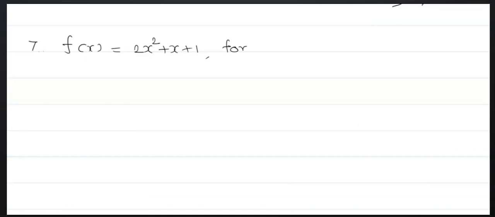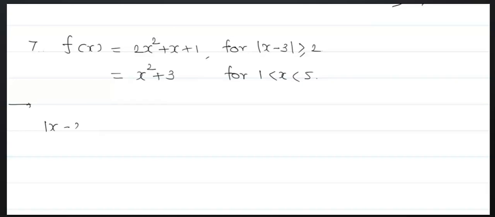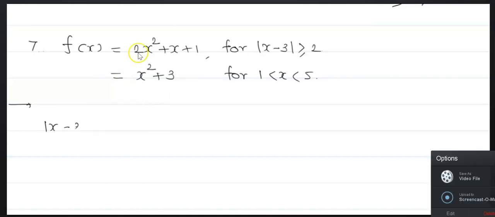f(x) equals 2x squared plus x plus 1 for mod of (x minus 3) greater than or equal to 2, equals x squared plus 3 for x lying between 1 to 5.